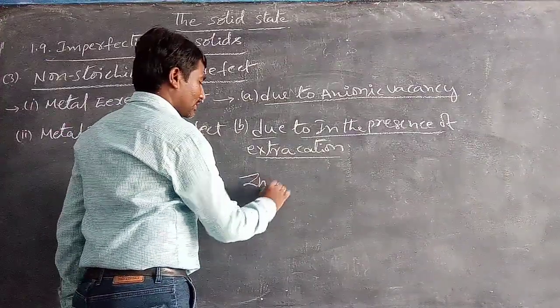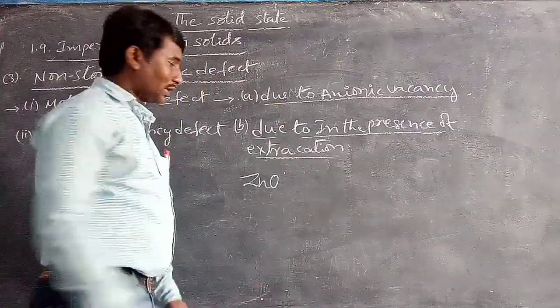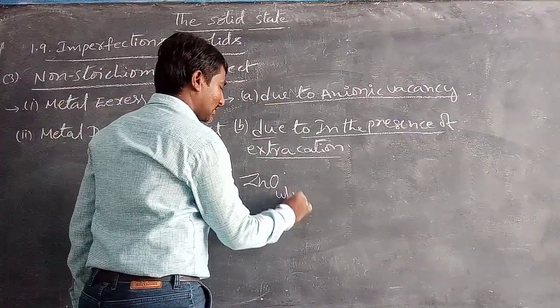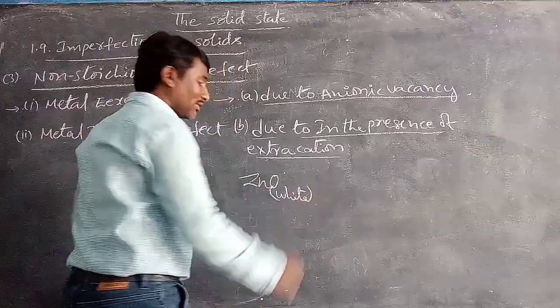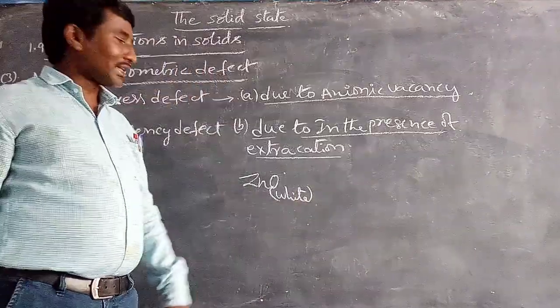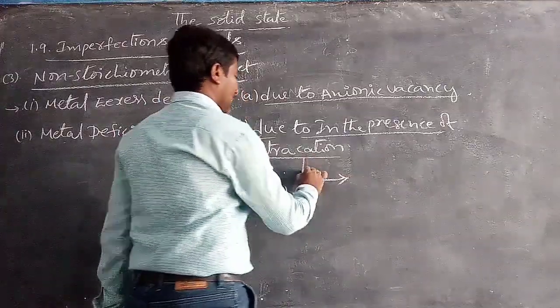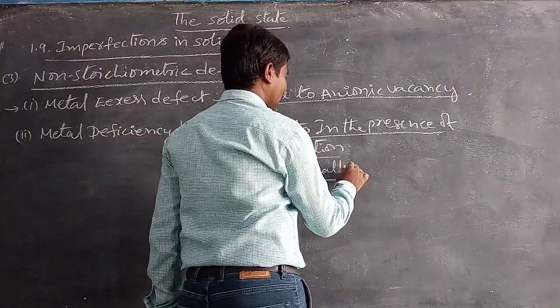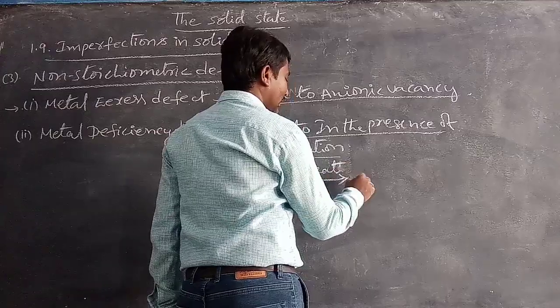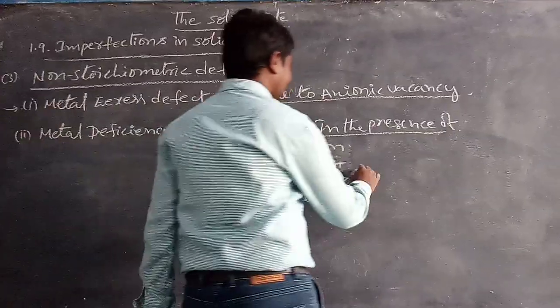Suppose ZnO, zinc oxide, which is generally white in color. On heating, what happened? On heating, it gives yellow color.